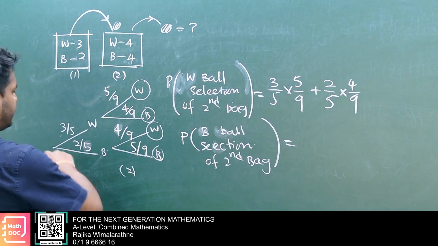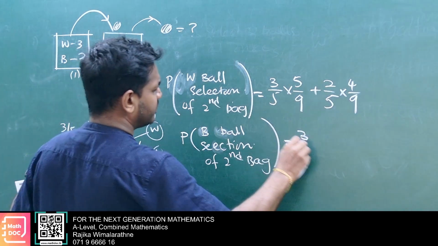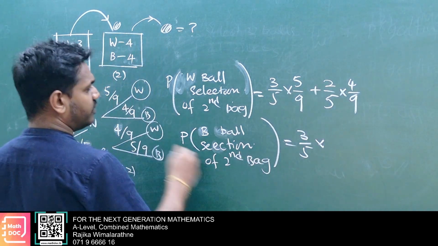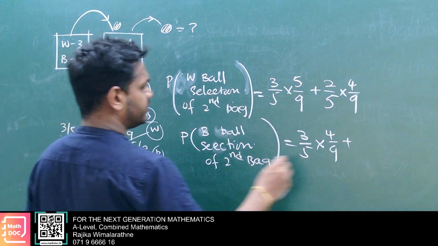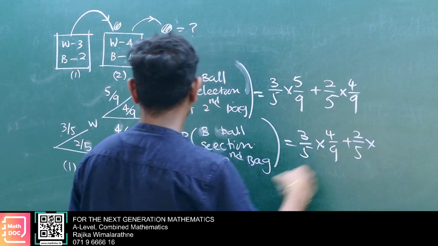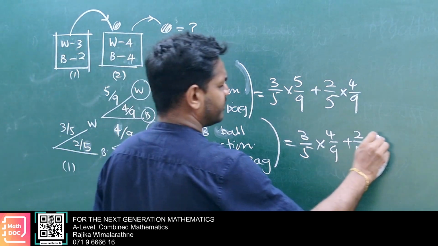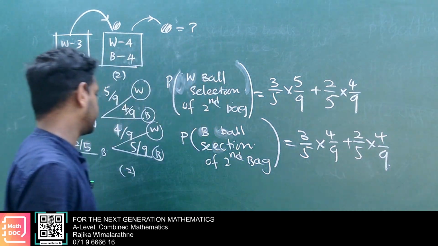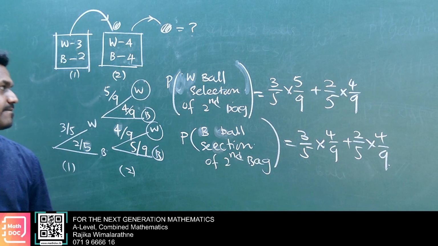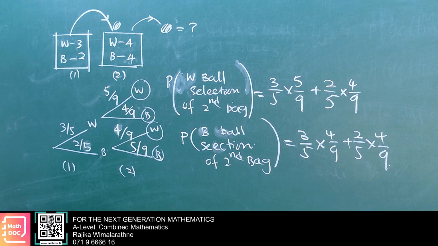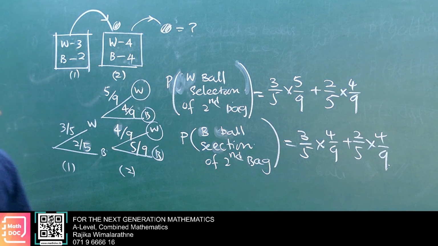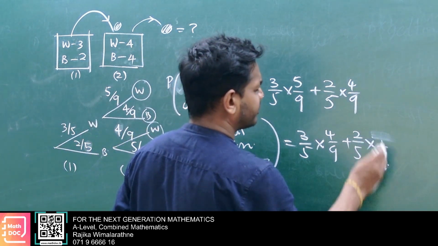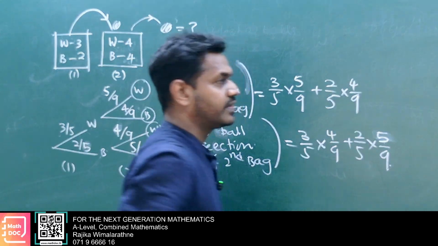Here these two, no? 3 over 5, 4 over 9, 2 over 5, 4 over 9. Five over 9.